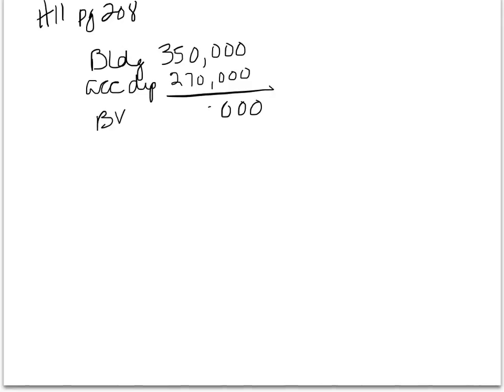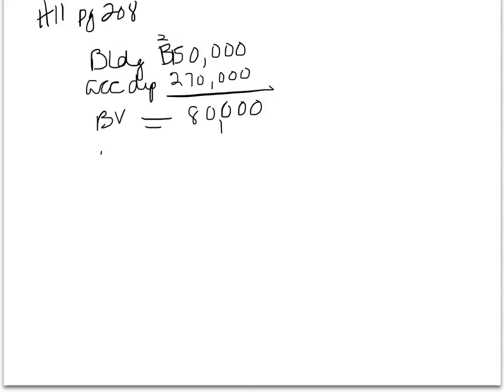So right here we can stop and determine the book value of this particular building. Let's go ahead and do our math just like we did in class. The book value of this asset is $80,000. So right now we know we got cash of $70,000 for this particular asset.